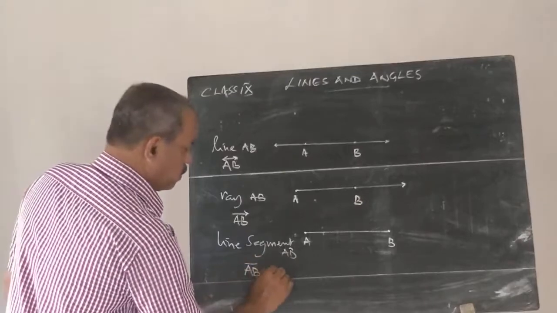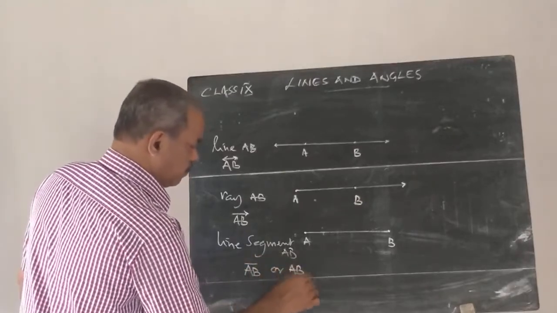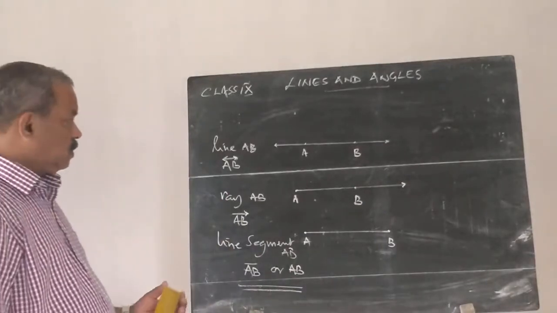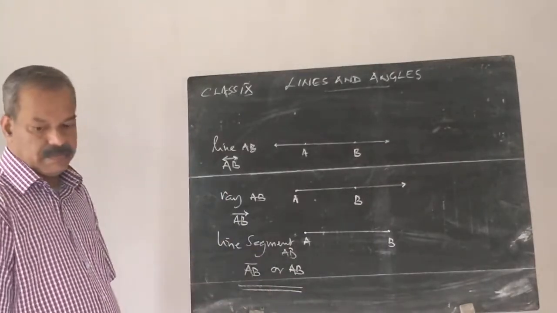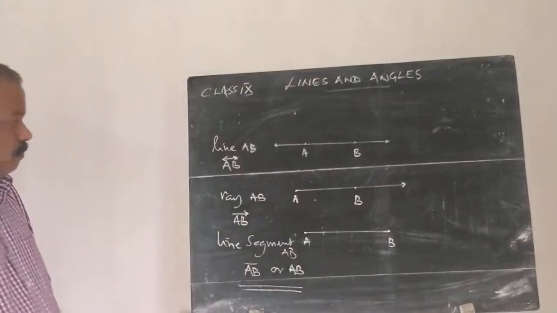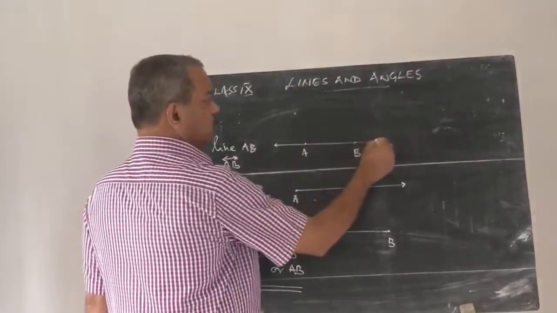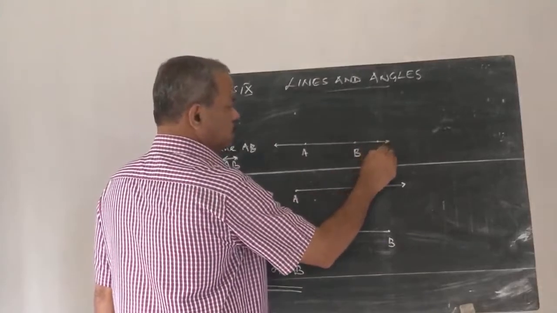Either line segment AB or simply AB. Line segment. Now, here A, B, we can choose another point C of this line.